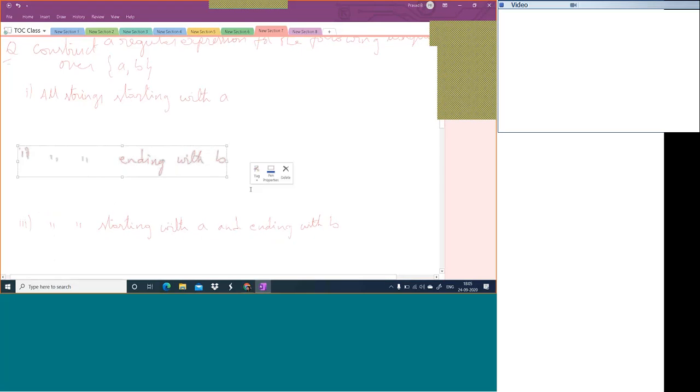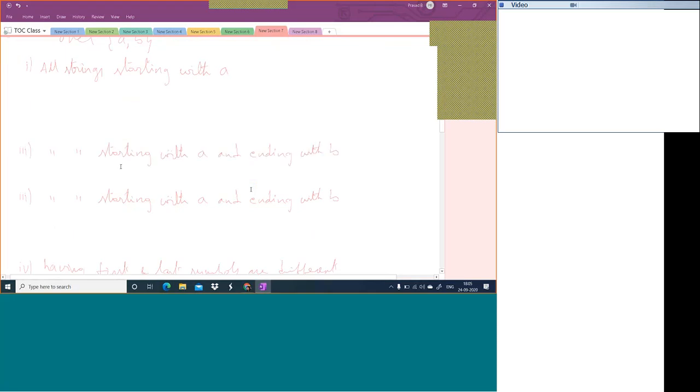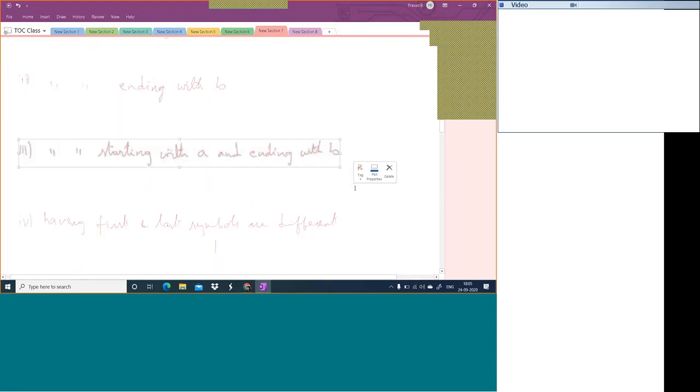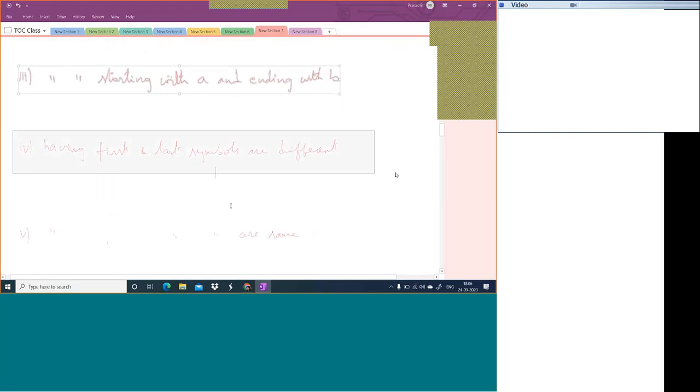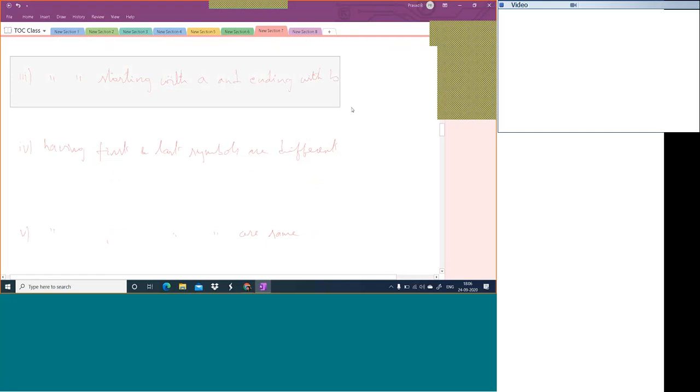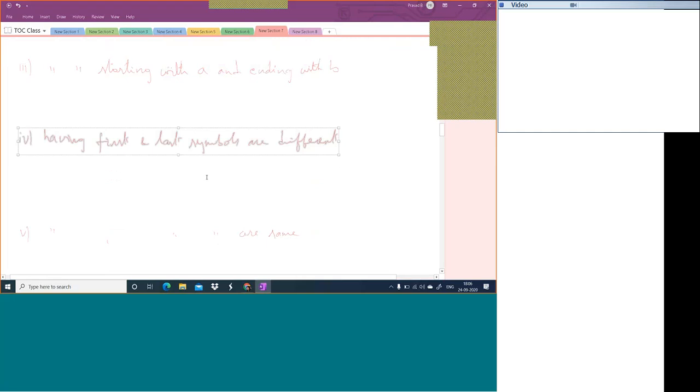Next one, all strings ending with B. Next, all strings starting with A and ending with B. Next, having first and last symbols different. This is, if it starts with A, it should end with B, or if it starts with B, it should end with A.